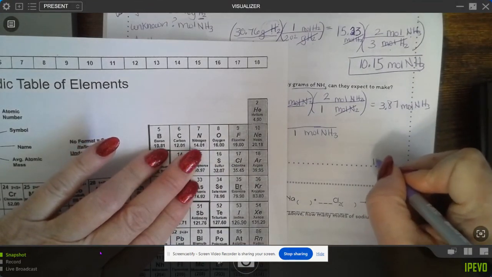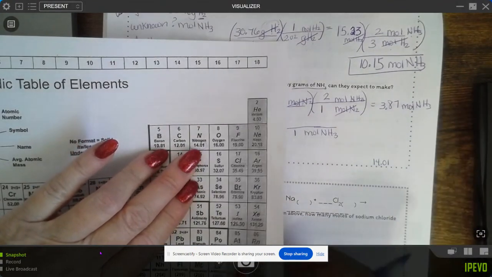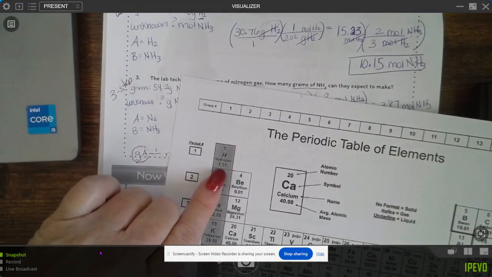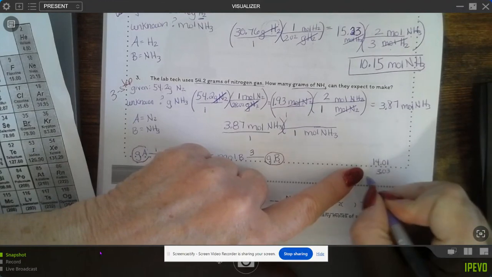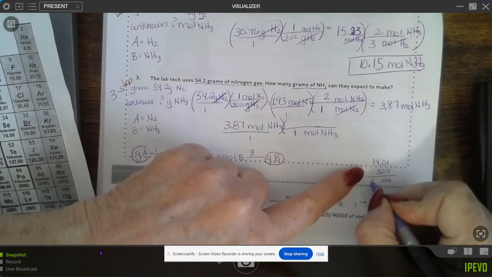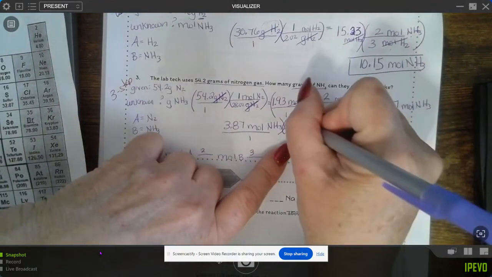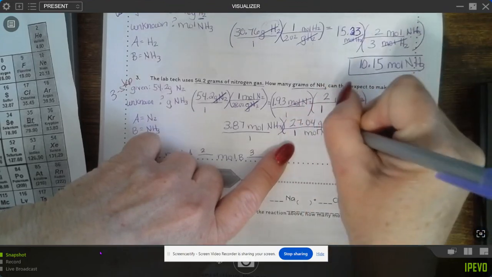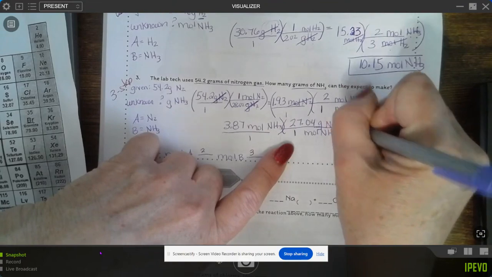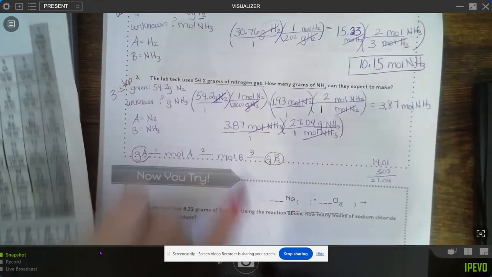We've got 1 nitrogen, and we've got 3 hydrogen. Hydrogen is 1.01, so 3 of them is 3.03. If I add these up, I get 17.04 grams of NH3. So moles of NH3 cancel out.